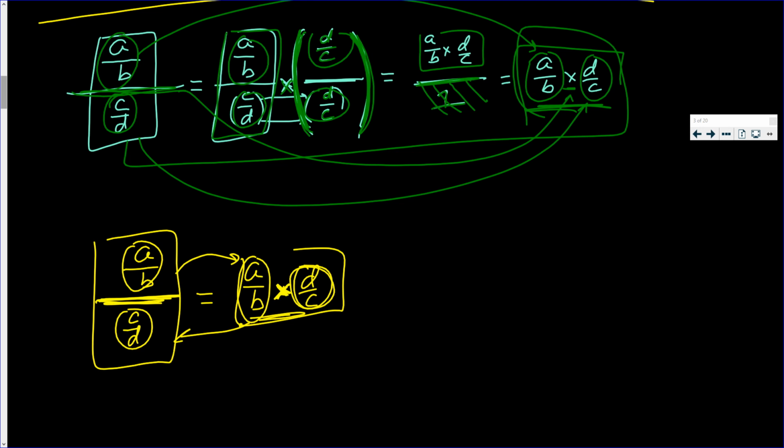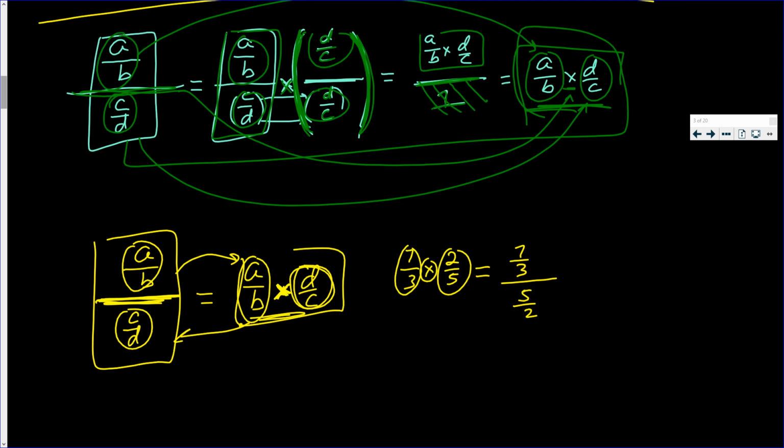For example, if you have 7/3 times 2/5, you can say, I'm going to keep the first number, I'm going to change multiplication to division, and I am going to flip over the 2/5.